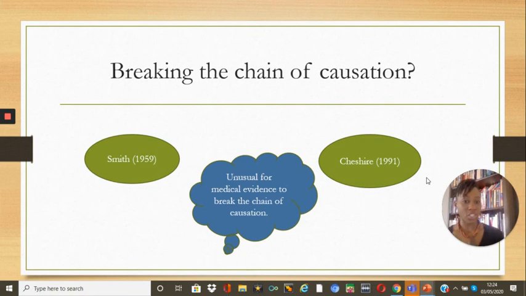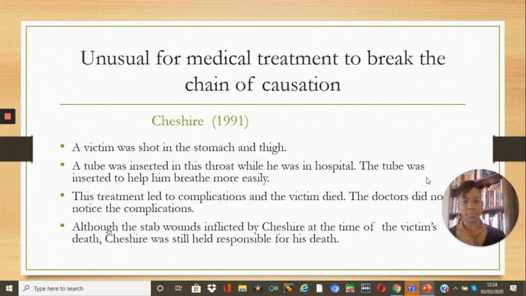Even though they told us in Jordan that it can, we saw that in Smith afterwards, 1959, and Cheshire, 1991, it was not possible to demonstrate that the chain of causation was broken when medical evidence was used to argue this. What do I mean?